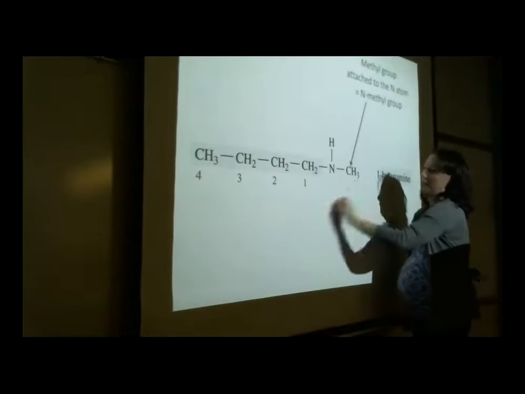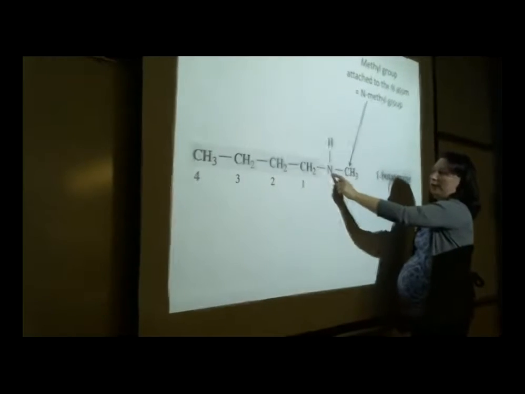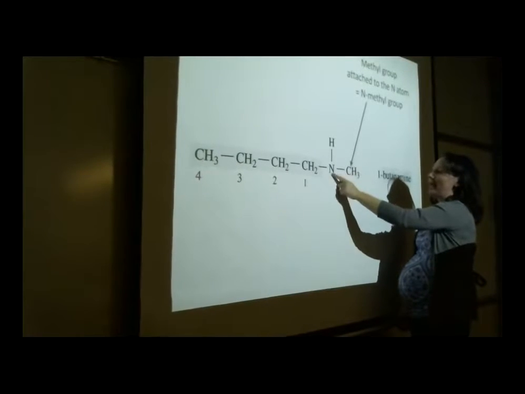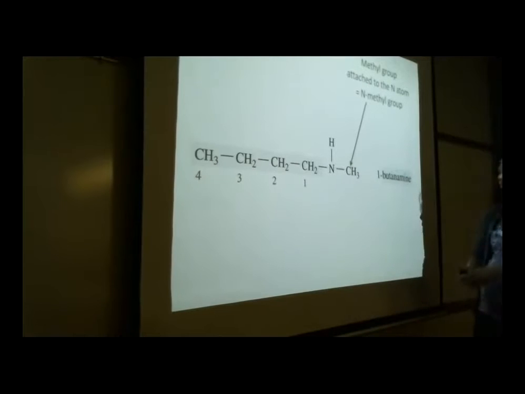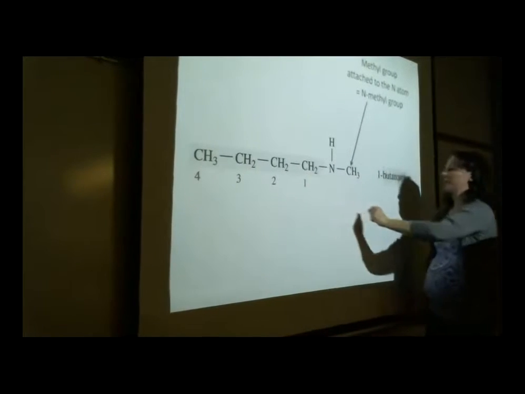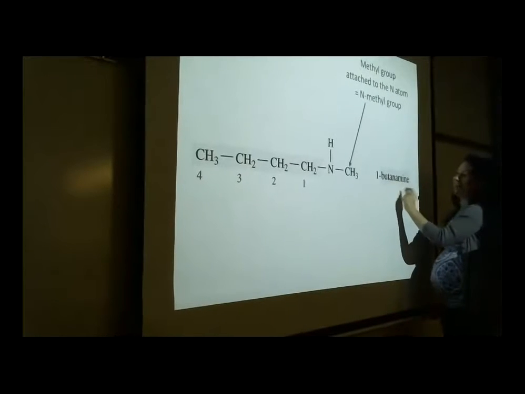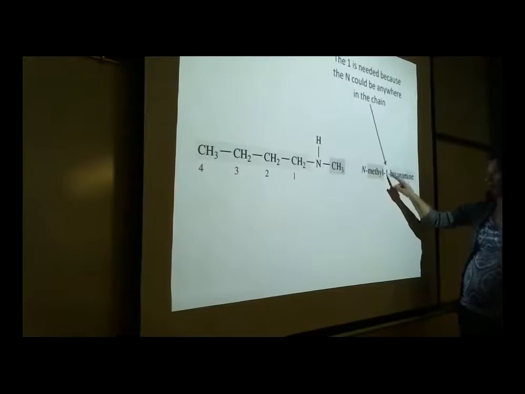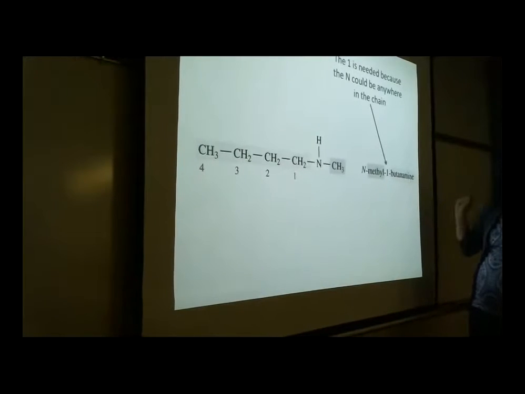But that methyl group isn't part of the parent. It's part of the nitrogen. It's a substituent on the nitrogen, right? So it's an N-methyl. And this whole piece is on carbon number 1. Right? So it's 1-butanamine, but we've got to stick something in front of that. It's N-methyl 1-butanamine. Does that make sense?